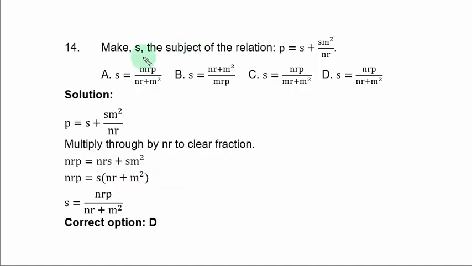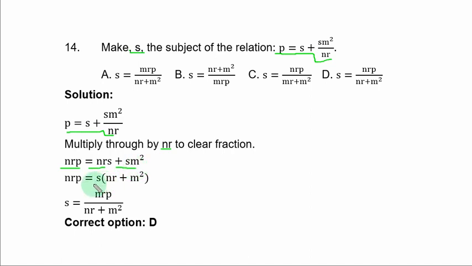Question 14. Make S the subject of the relation P equal to S plus SM squared over N. Solution. To do this, you clear the fraction by multiplying through by N. If you do that, the left hand side becomes NP equal to NS plus SM squared.